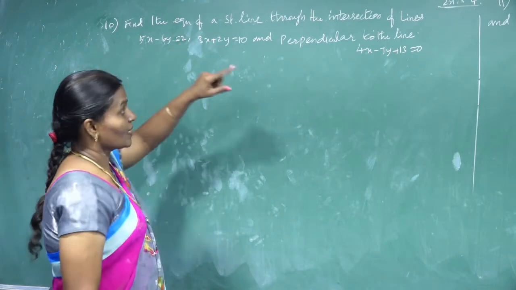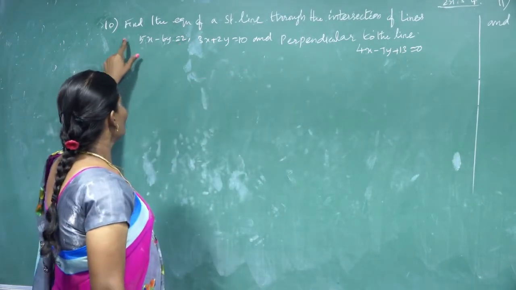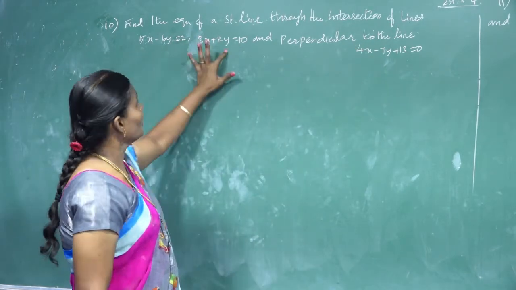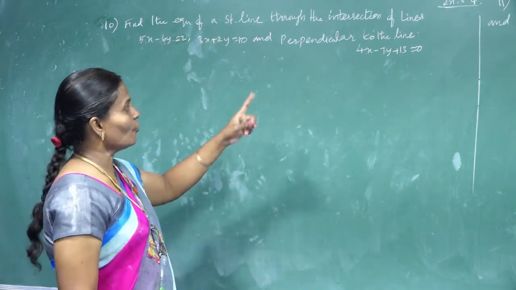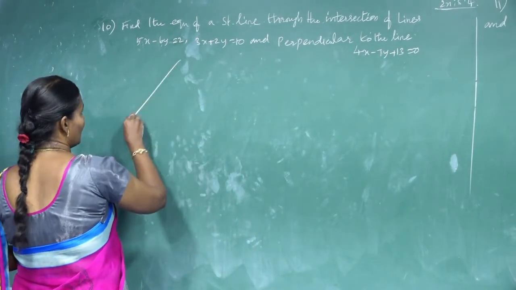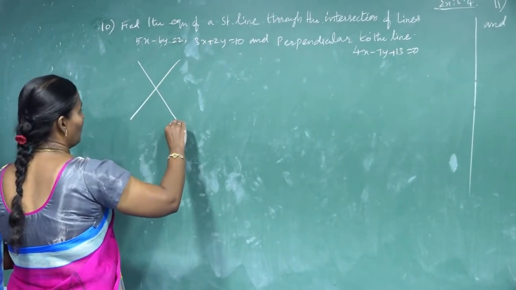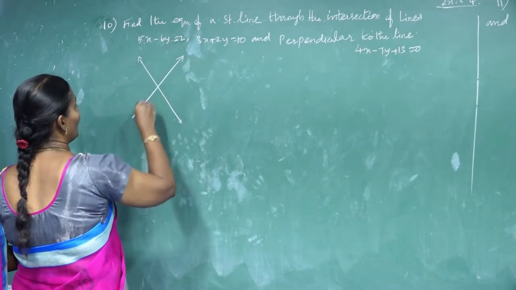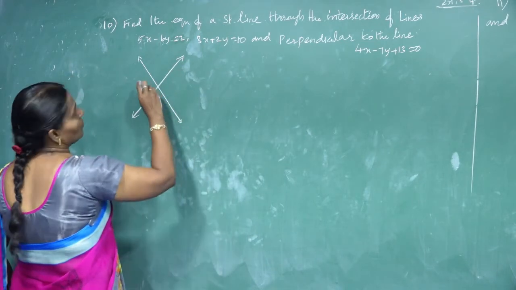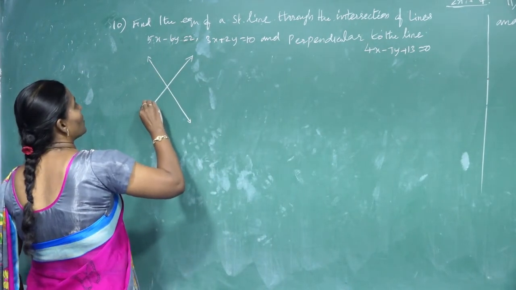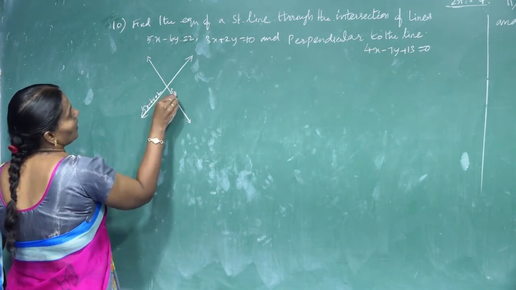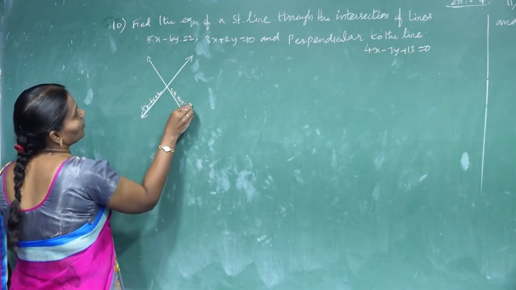Now we see, children, 10th sum, Exercise 5.4. Find the equation of a straight line through the intersection of the lines and perpendicular to the line 4x minus 7y plus 13 is equal to 0. First you draw the diagram. The two lines intersect. Which lines are they? 5x minus 6y is equal to 2, and the next one is 3x plus 2y is equal to 10.